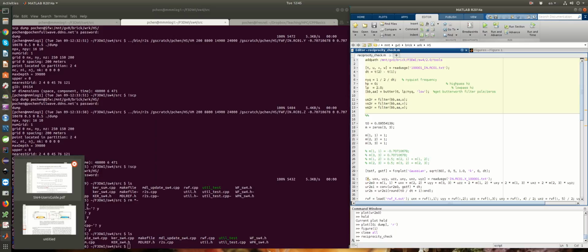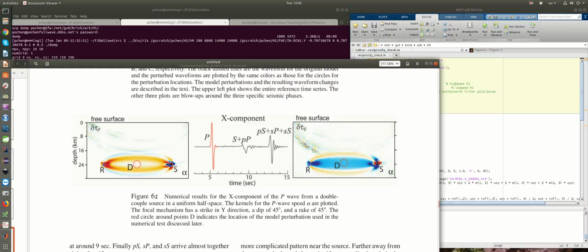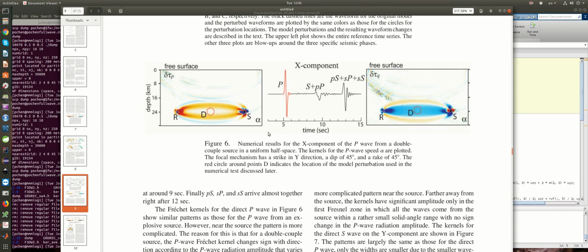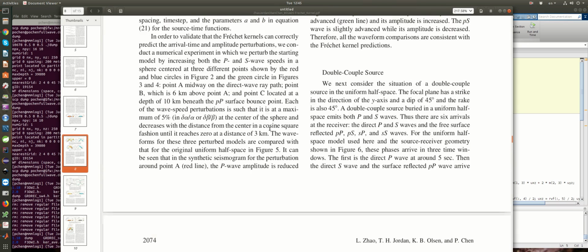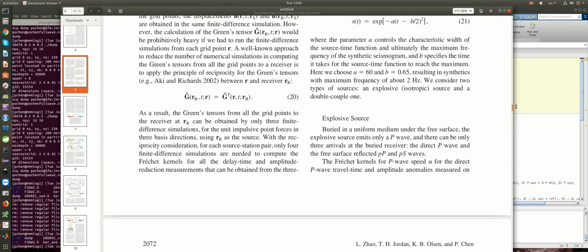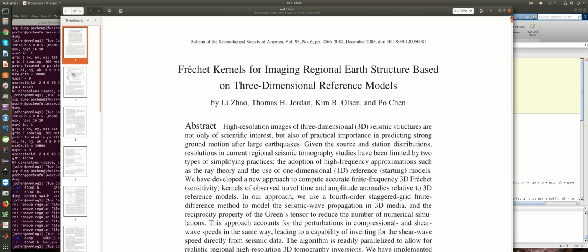So the setup is following the classic paper by Li Zhao back in 2005, right? That's BSSA, Finite-frequency kernels for imaging regional Earth structure based on three-dimensional reference models.